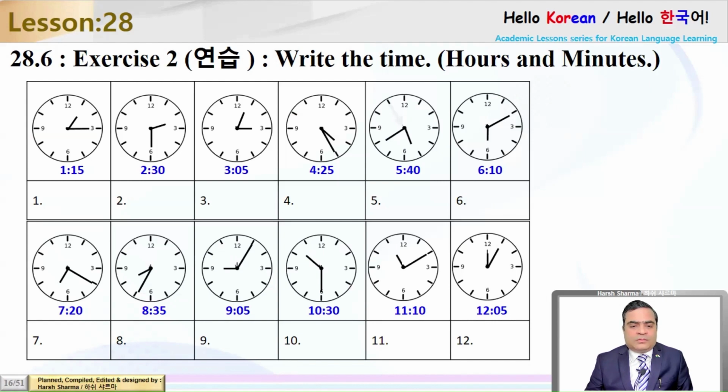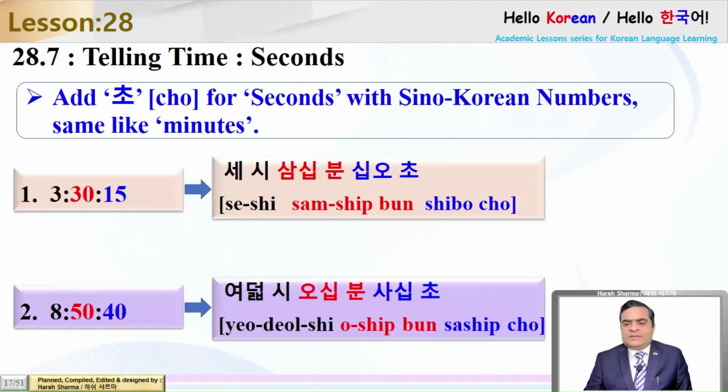After completing this exercise, let's move to the next part, that is to tell seconds in Korean. For seconds, we have to add cho with Sino-Korean numbers, the same as we did with minutes. If you see the number 1 example, the time is 3:30 and 15 seconds. How to express this time: 3시 30분 15초.